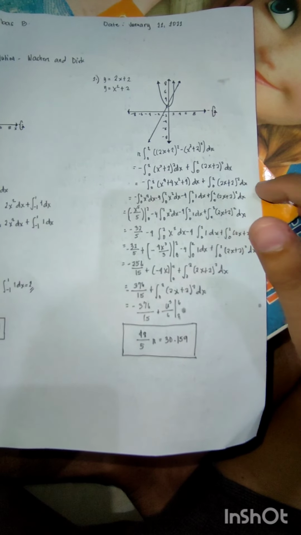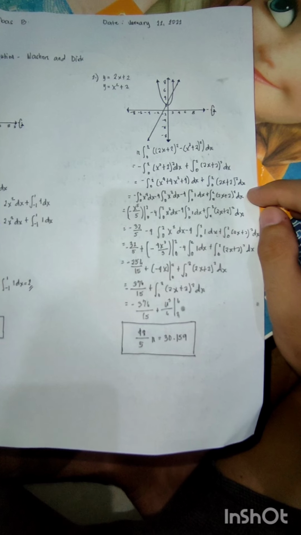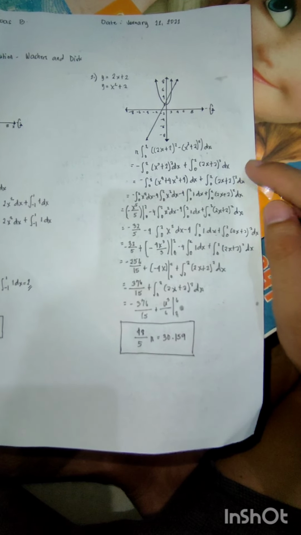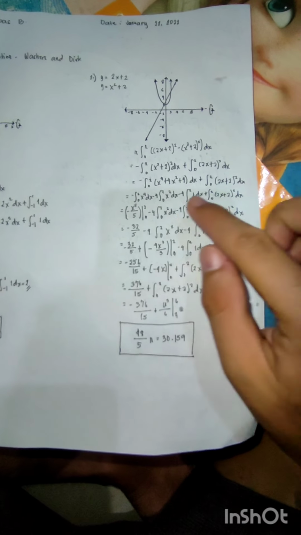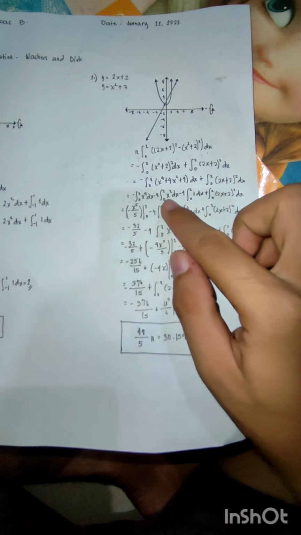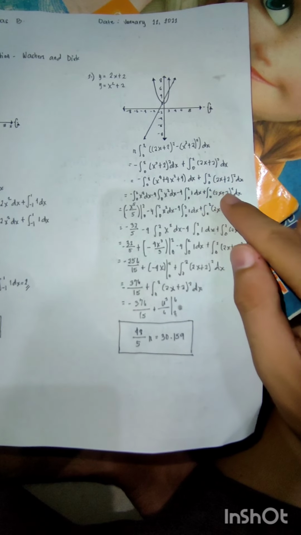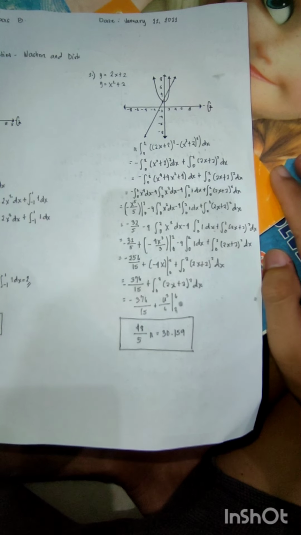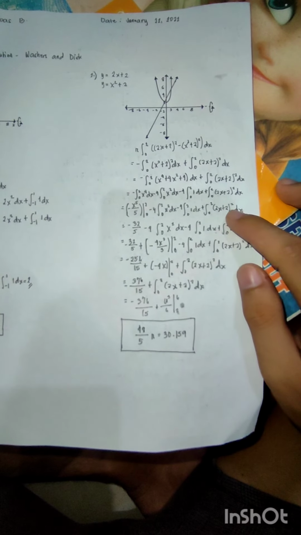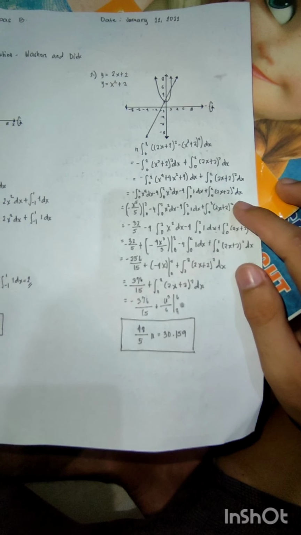So we have 32 and negative 32 over 5. And apply the fundamental theorem of calculus. The antiderivative of x squared is x cubed over 3. Then we have to evaluate the antiderivative at the limits and subtract.